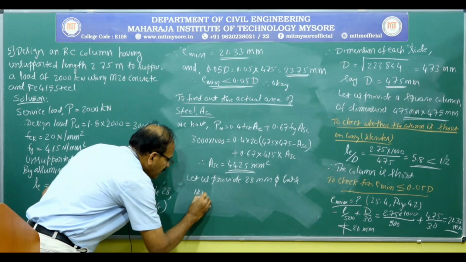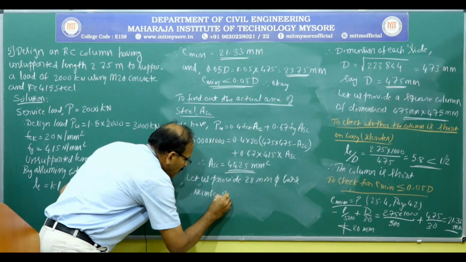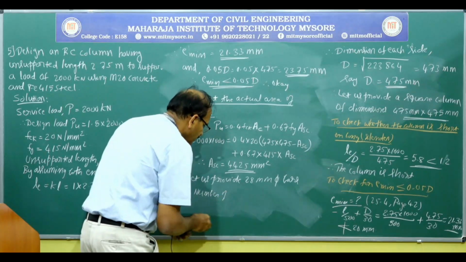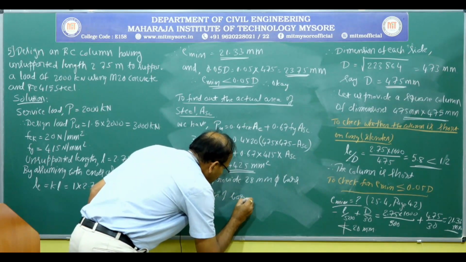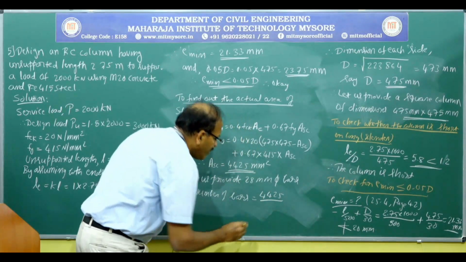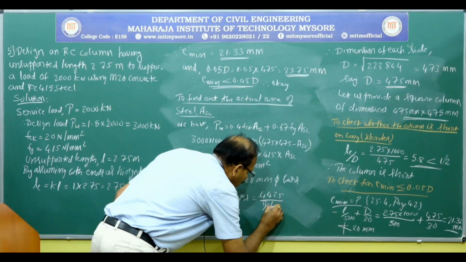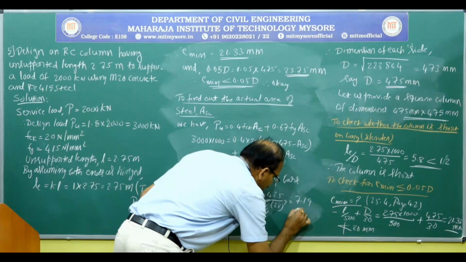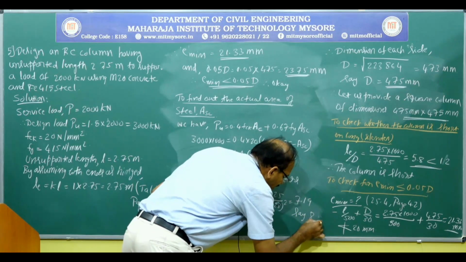Therefore, number of bars equal to total area of steel required divided by area of each bar, that is equal to 7.19. So say 8.